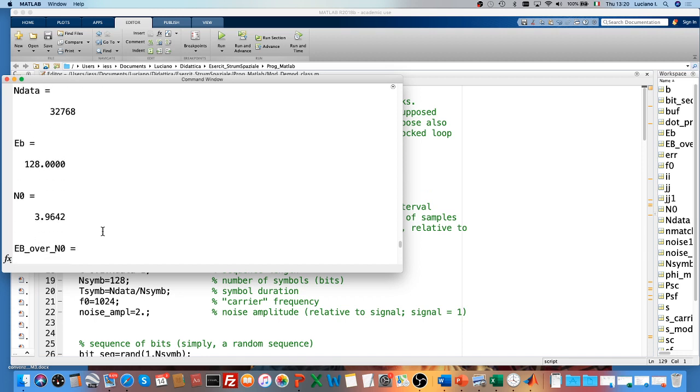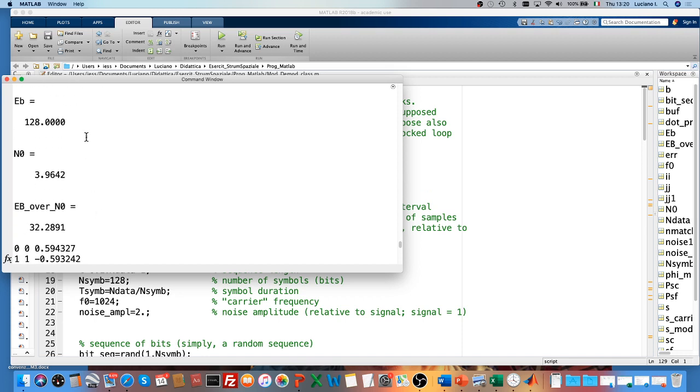Up here, we have the energy per bit, which, according to our digital normalization and the fact that we are using a digital system, has no physical units attached to any of these results, so you have to interpret this only in relative terms.